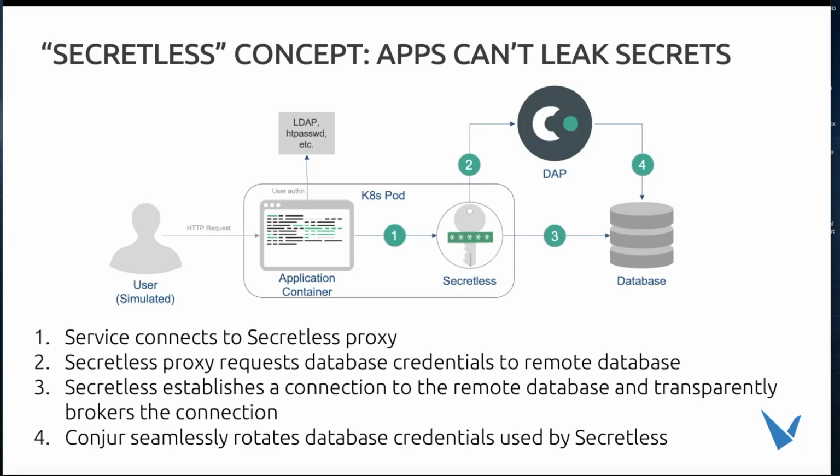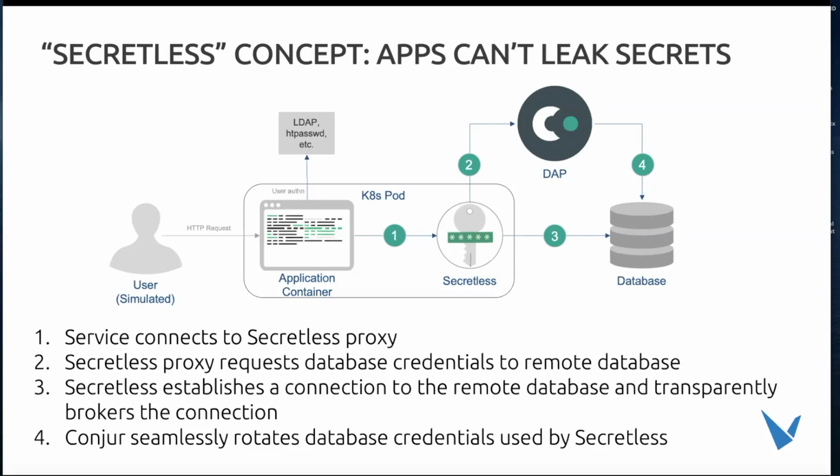What is intriguing about Secretless is that Secretless allows us to deploy applications in our containerized environments or even on virtual machines in a manner that we do not have to refactor the application to do credential management. We can connect to SSH.